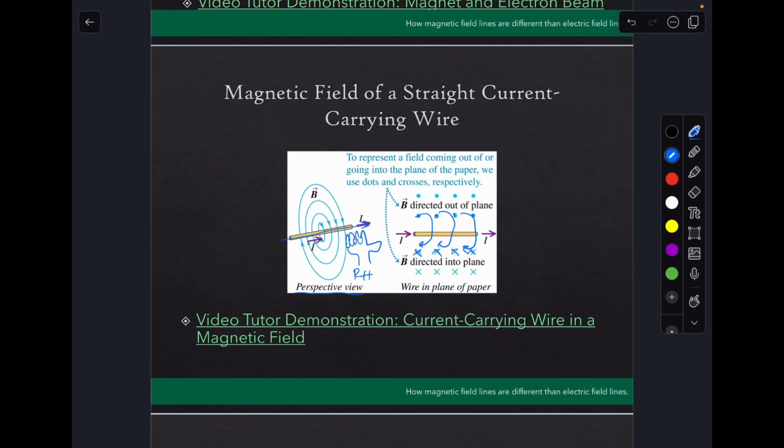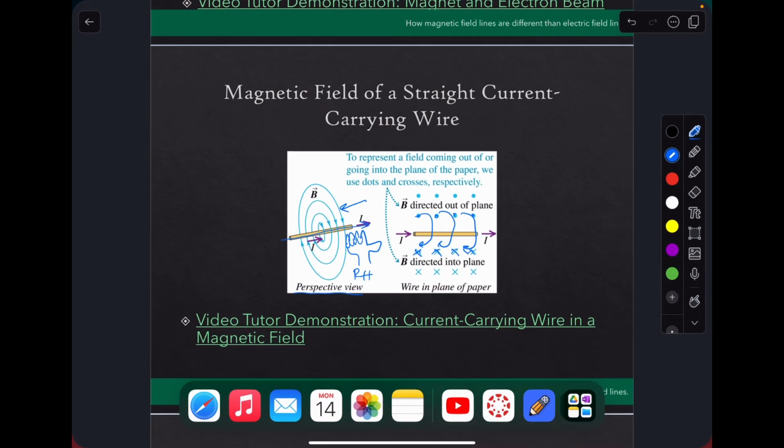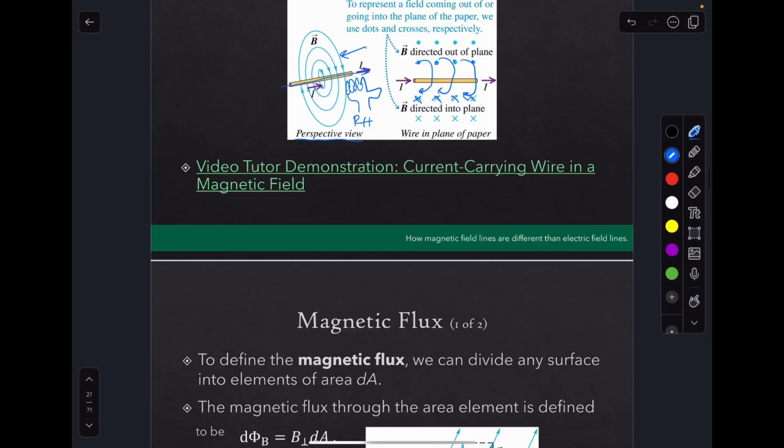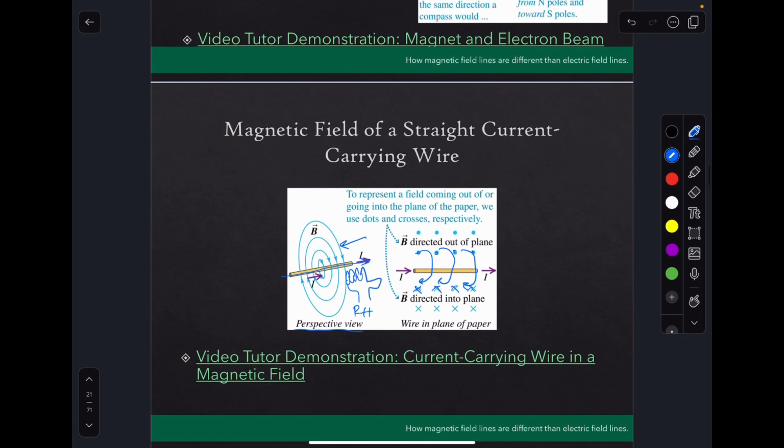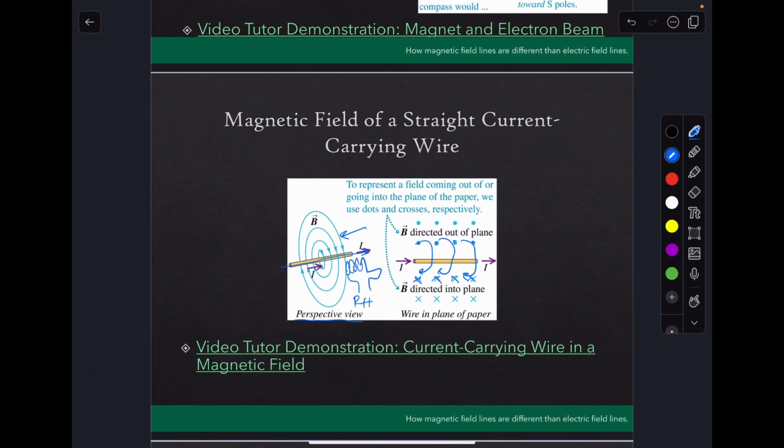Directly above the wire, you're just going to see little arrow dots coming out at you. And directly below the wire, you're going to see the little tails of the arrow. We need to know this because it's going to be helpful when we get to finding the force on a current-carrying wire.